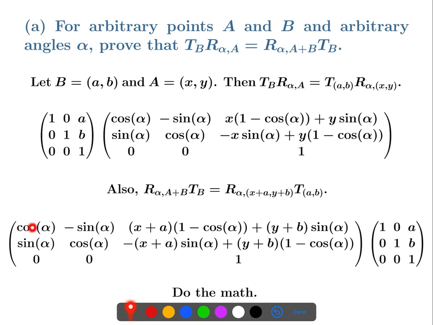Let's check that we get the same thing here when I take this dotted with this. So I'm getting cosine alpha times a minus sine alpha times b, and then I'm adding to that 1 times this. Okay? That looks worse, but let's check. The cosine of alpha times a, notice when I'm taking 1 times this, I have a minus a times cosine of alpha.